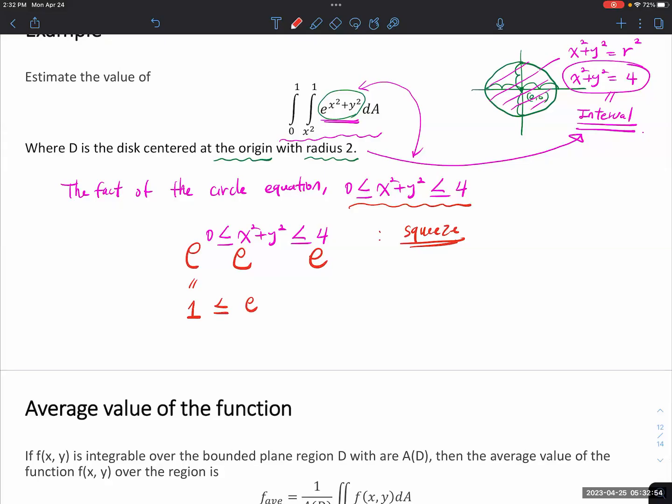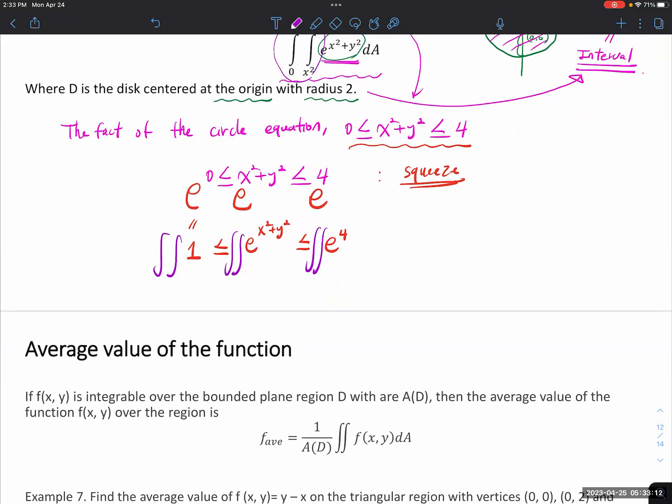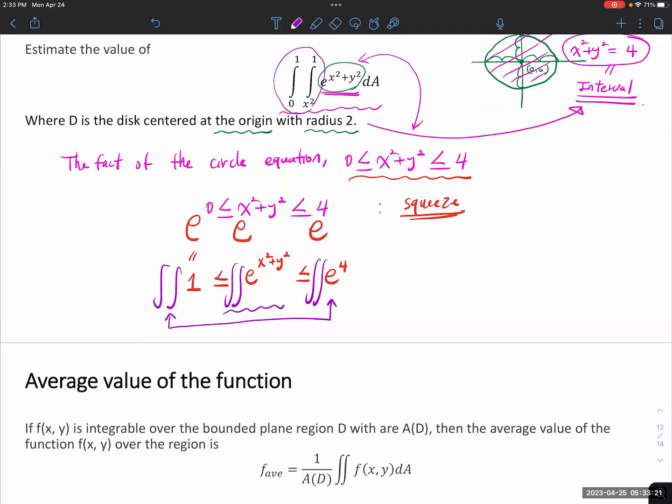And now we are getting close to the expression that we are looking for, e to the 4. And now we are taking the double integral. So I'm going to keep on taking the double integral everywhere. If you can find the first and last answer, you can find the middle automatically. So you don't need to do any complicated work. Just keep using the squeeze theorem, right?